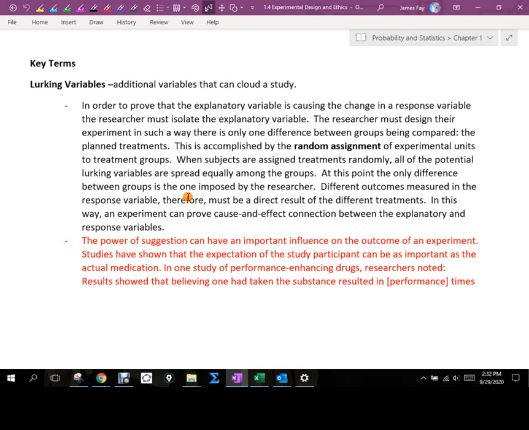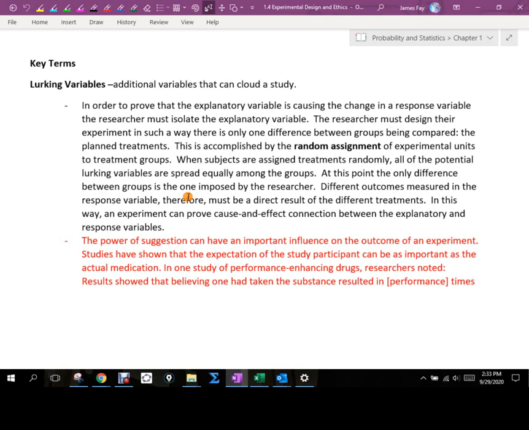Well, if I put all my people that have underlying diseases in one group, and all my super healthy people in another group, and then try to determine whether vitamin E creates better health, the lurking variables exist in an unproportional way in which they're going to cloud whether the vitamin E creates good health or not.